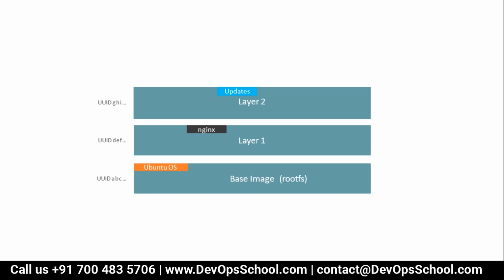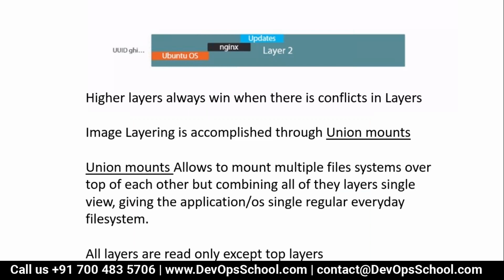That means whatever layers you have written, that is universally unique. That means duplication of the data can be avoided easily. So here each layer has a UUID. Now with that in context, we have to understand these three statements. Please read them.